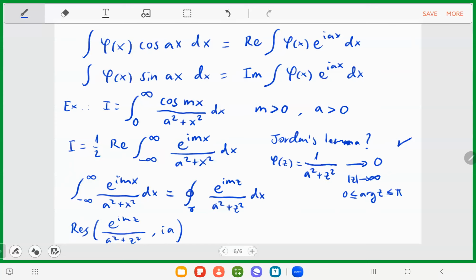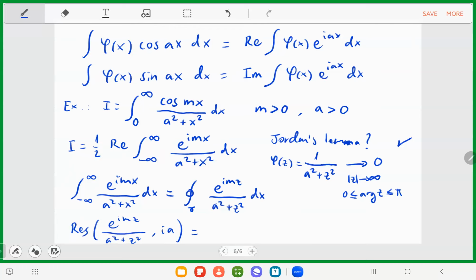But remember, for the residues, you need the full function, not separate the function into components, because the residue is a property of the thing you want to integrate. So don't forget the numerator here.